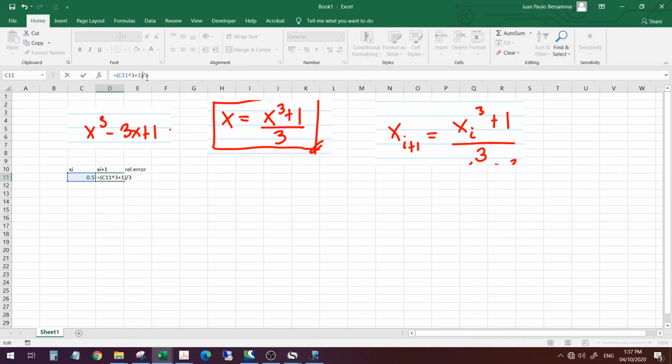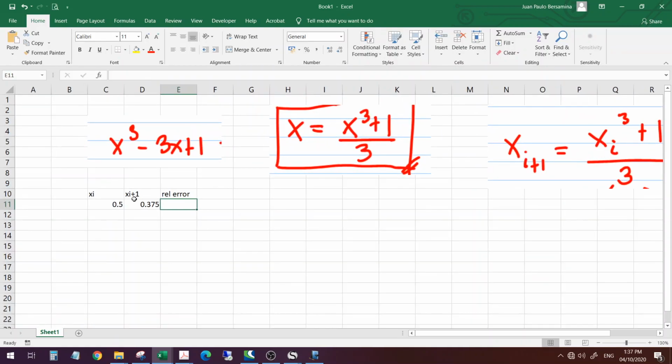I think this is already good. Then find the relative error: this minus this all over the final.